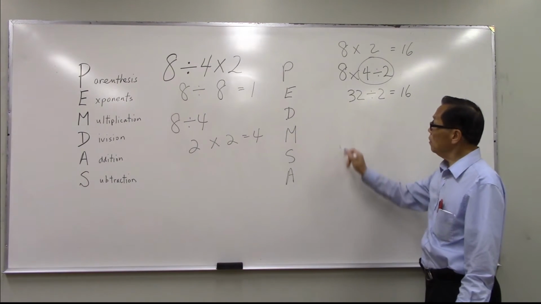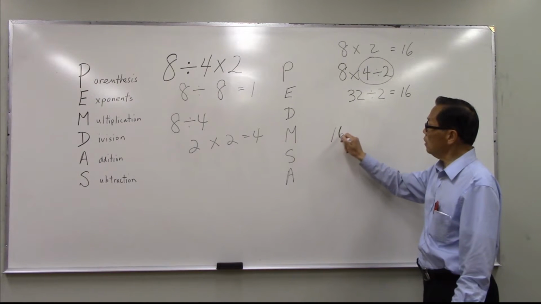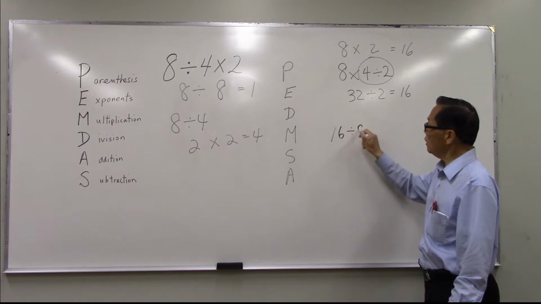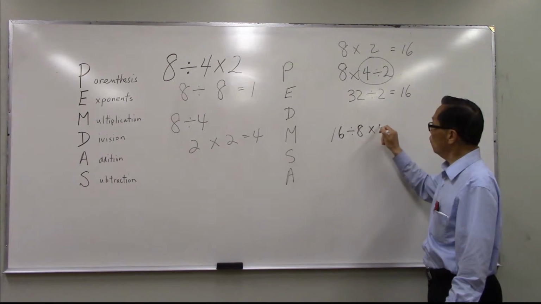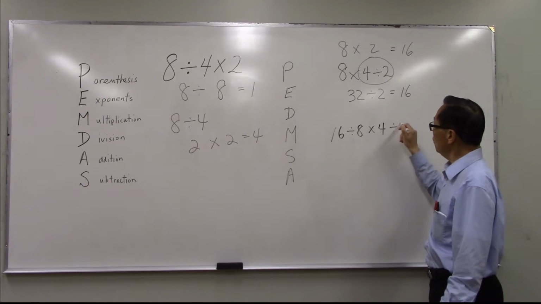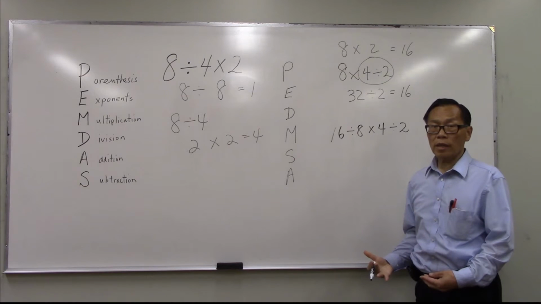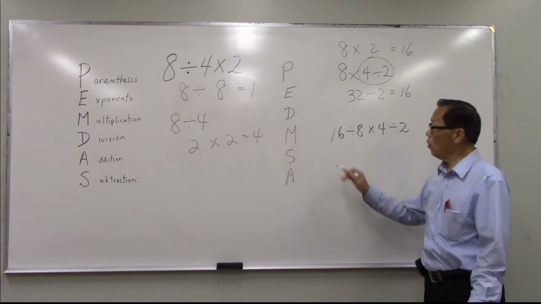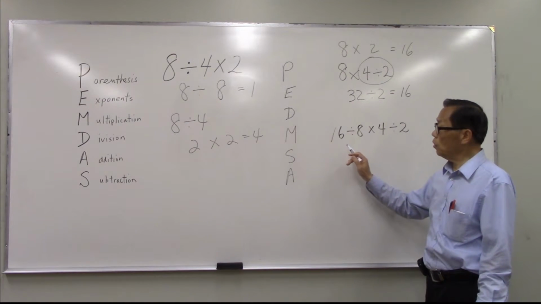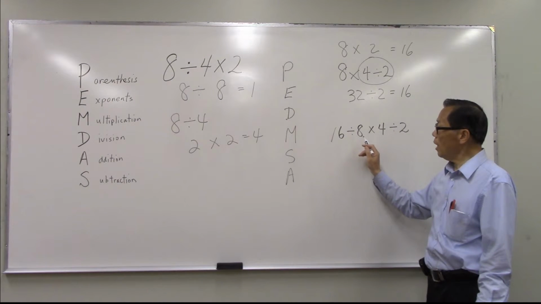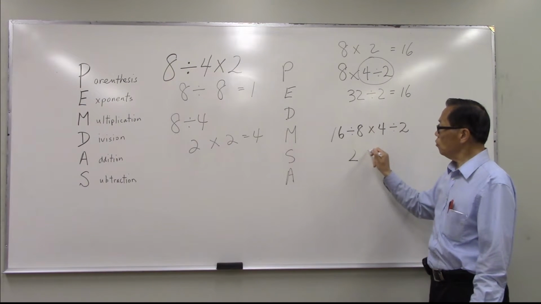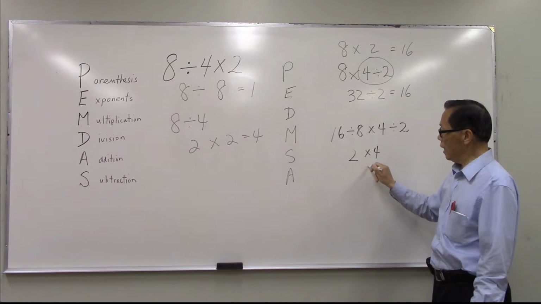Another example, let's say we have 16 divided by 8 times 4 divided by 2. Again, in the traditional way that we teach, we go from the left to right. This will yield 16 divided by 8 would be 2. 2 times 4 would be 8.